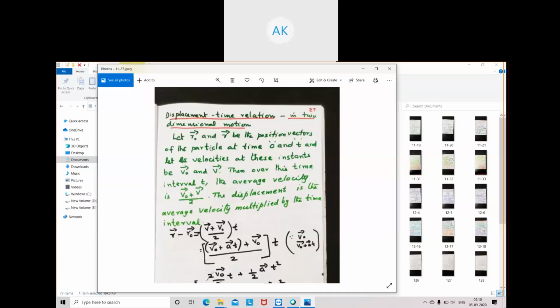So what is the average velocity? Uniformly accelerated motion. So initial velocity plus final velocity by 2. That is the average velocity. And average velocity into time, what do we get? Displacement. So that is done here.